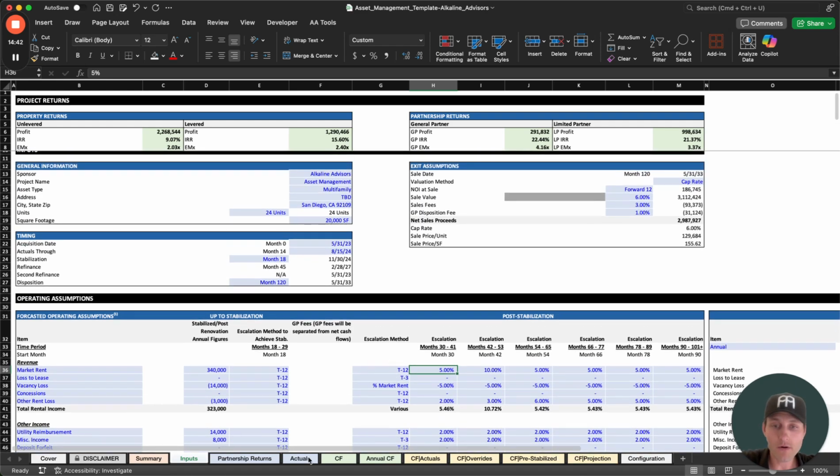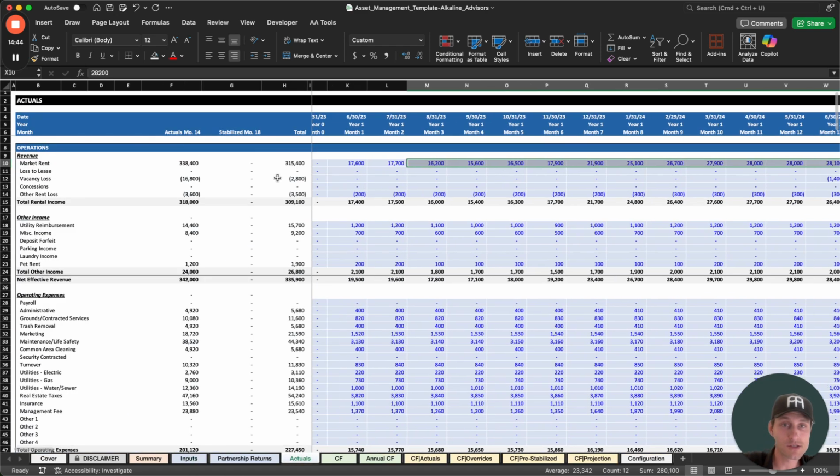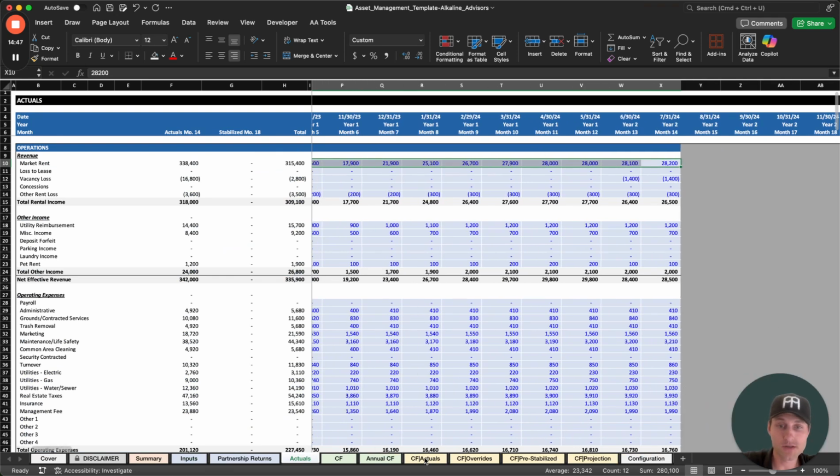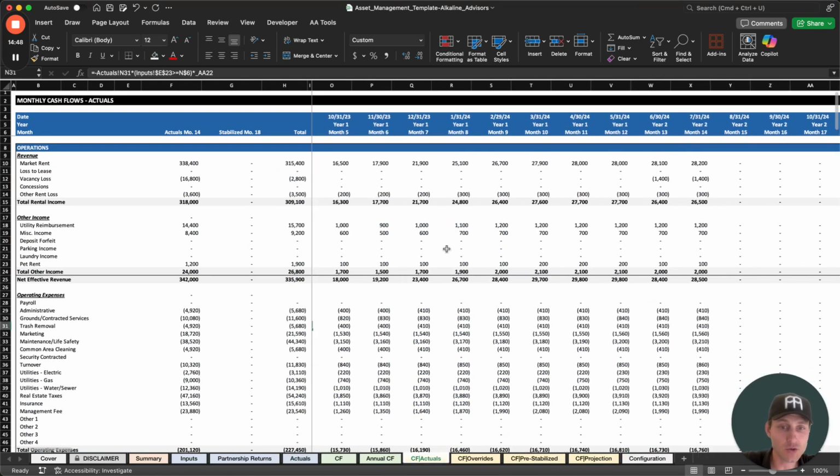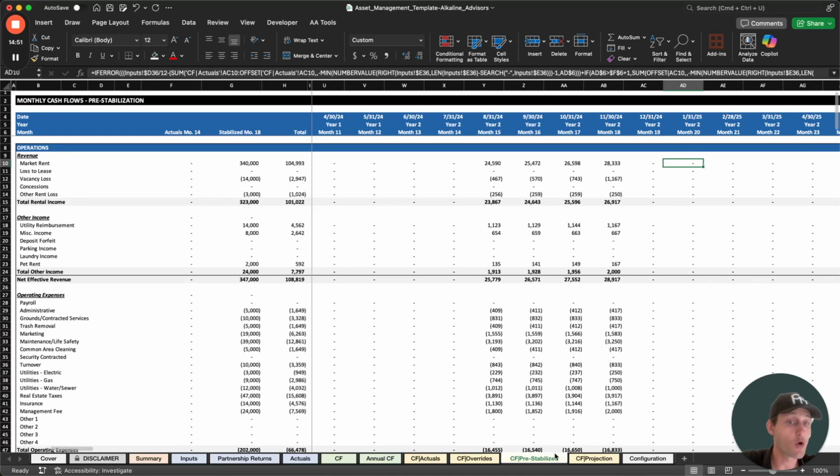So we've already discussed actuals, right? We load in the actuals, and that is how we calculate this actual tab. We've discussed the cash flow pre-stabilized, which is once we have the actuals, how are we straight lining the trended figures, again, that we have on an actual basis, taking just T1 or T3 or T12, and then growing them through the point of stabilization.